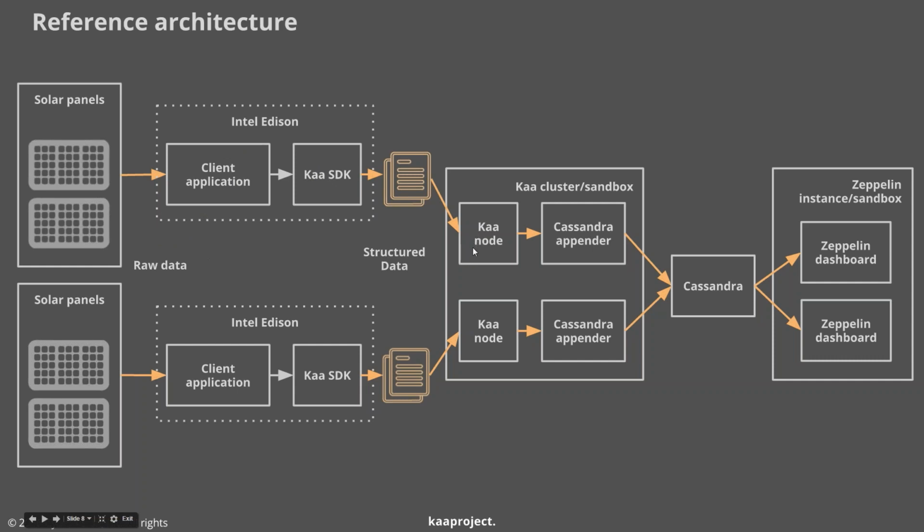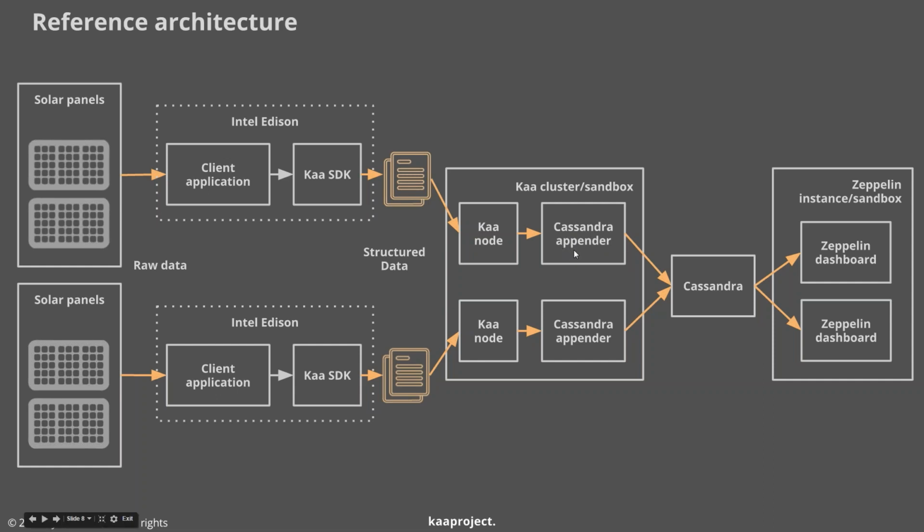Once data is transferred to the Kaa node, we have set up the Cassandra appender that will push this data to Cassandra. The Cassandra appender and all other appenders that are implemented and supported by the platform have the ability to guarantee data delivery.